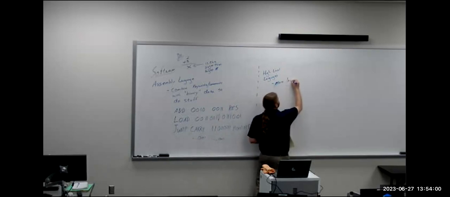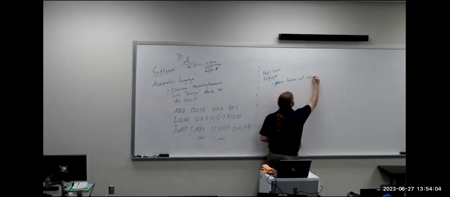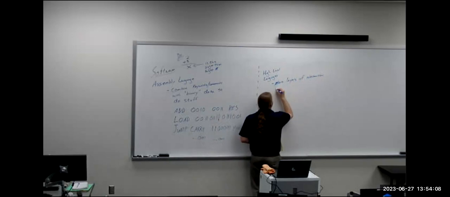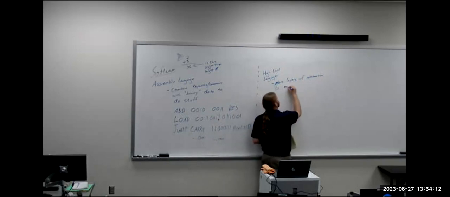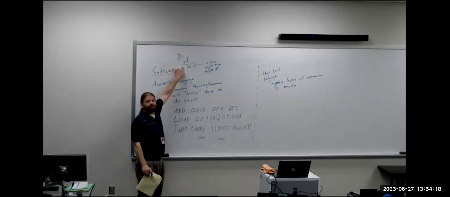More layers of abstraction, to make it closer to how humans would do the same thing. Make it closer symbolically, the symbols we use are closer to that original question we asked.